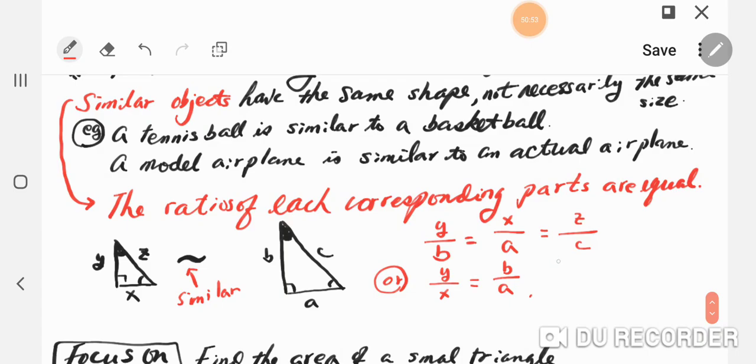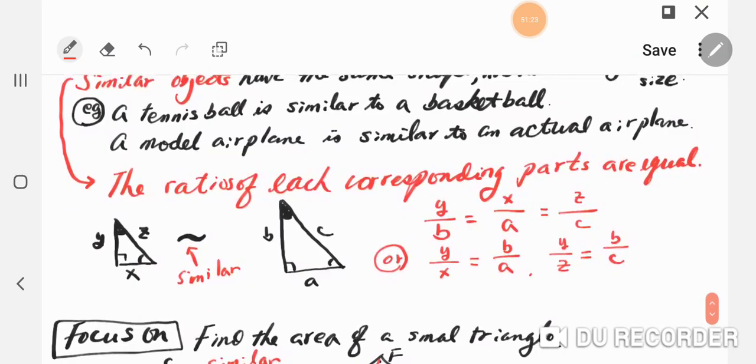Or the ratio of the height to the hypotenuse: the ratio of the height to the hypotenuse of the smaller triangle is equal to the ratio of the height to the hypotenuse of the larger triangle. As long as the ratios of the corresponding parts are equal, you are okay.